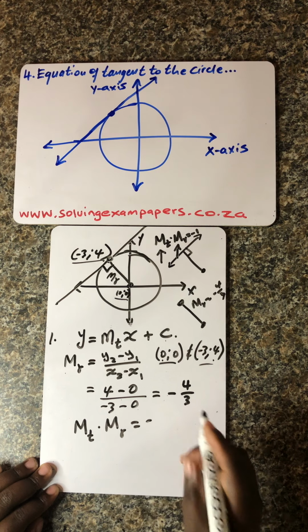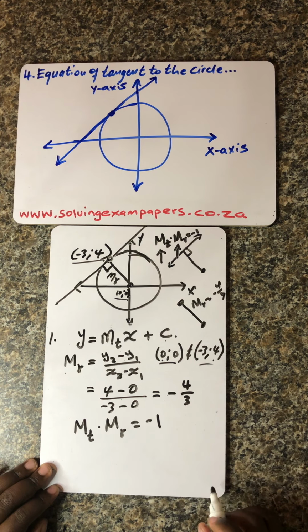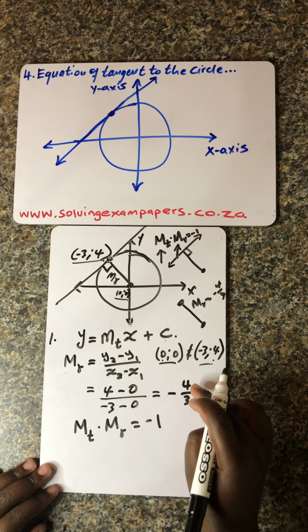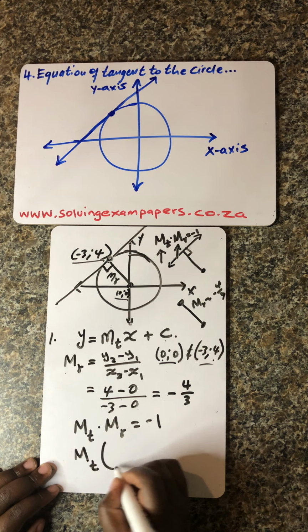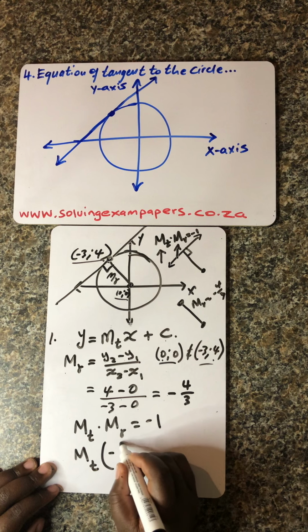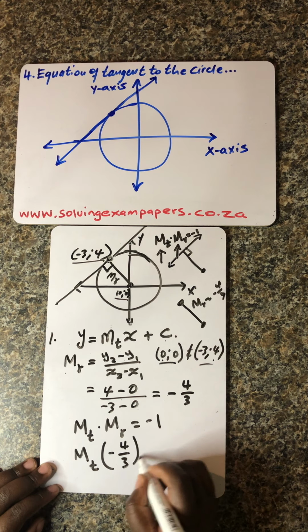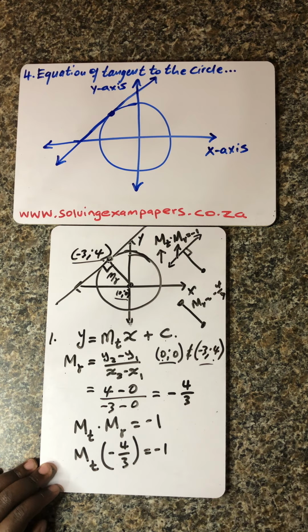This is the formula. So m of t times negative 4 over 3 is equal to negative 1.